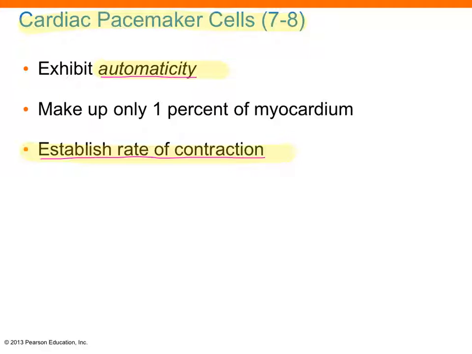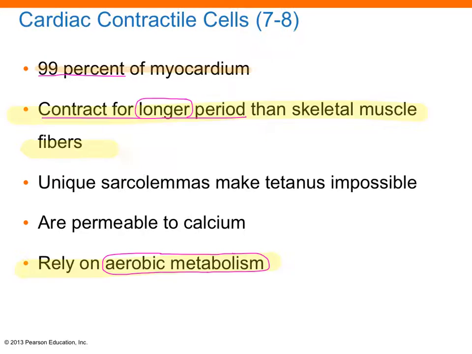They make up only 1% of the myocardium, that's the pacemaker cells, and they establish the rate of contraction. Now, the contractile cells are 99% of the myocardium. So 1% is the pacemaker cell, and then the cardiac contractile cells are the other 99%.